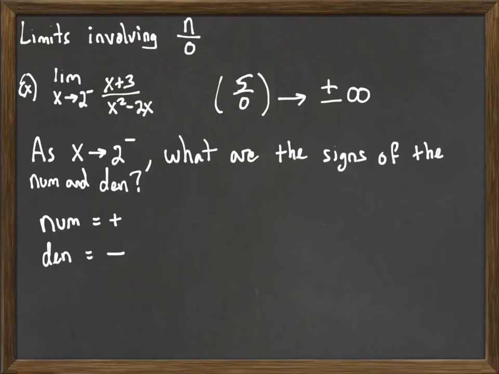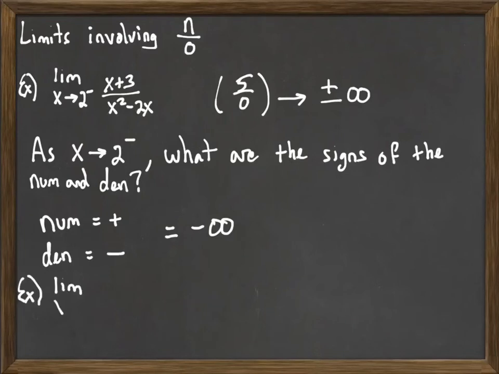And of course, if we have a positive number divided by a negative number, then we have a negative number. So the overall values are negative as we get close to 2 from below. Therefore, we're going to negative infinity.